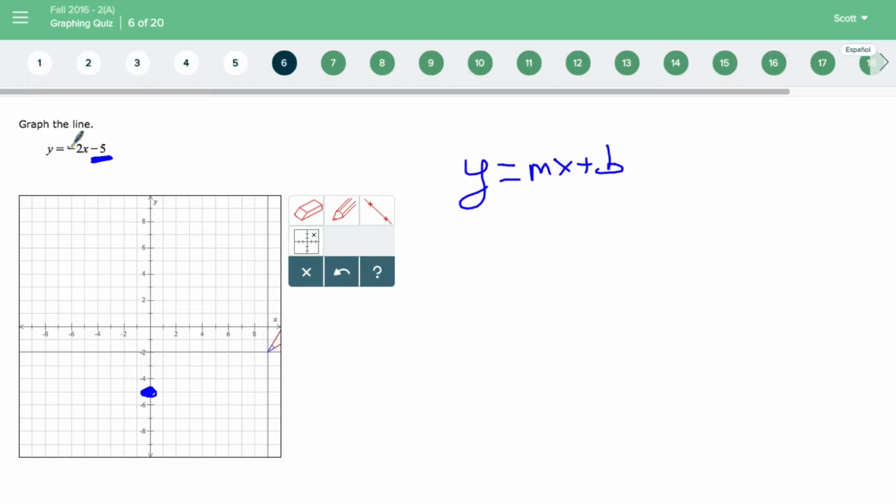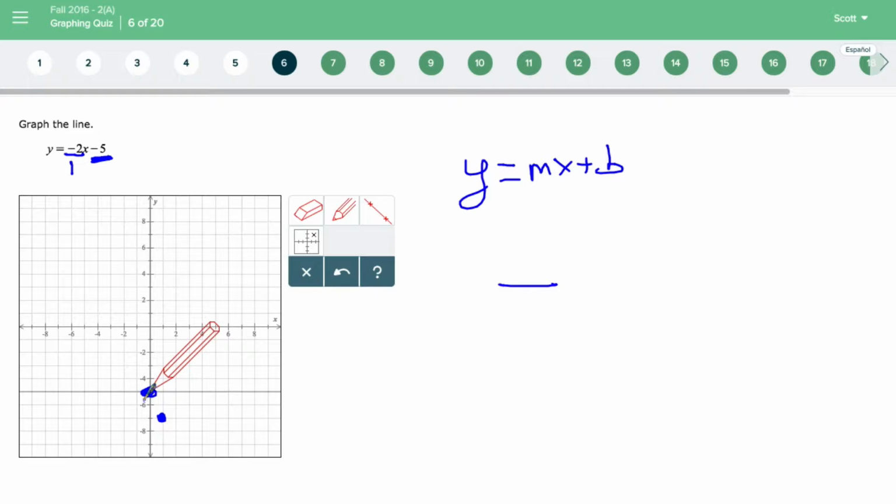And my slope is negative 2. Now remember, it's always got to be a fraction, so if it's a whole number, you just draw a line, put a 1. Now this negative can go with either number. It can go with the 2 or the 1. If it goes with the 2, we will go down 2, over 1.